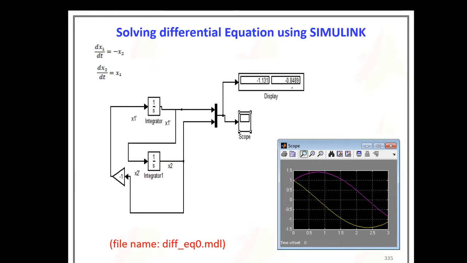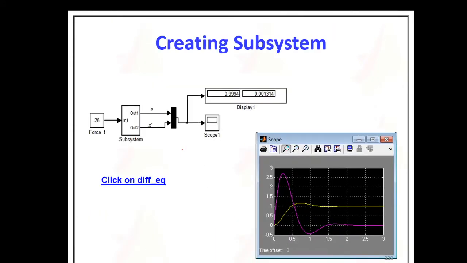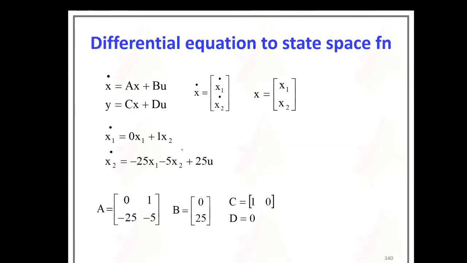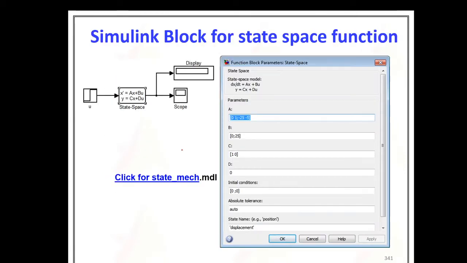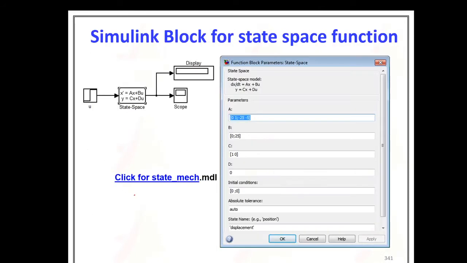Okay, so this is for solving the differential equations by using the Simulink. This is the differential equation to state space functions. You are having A, B, C, D. You have the state space block available.